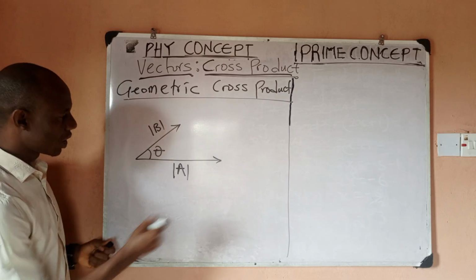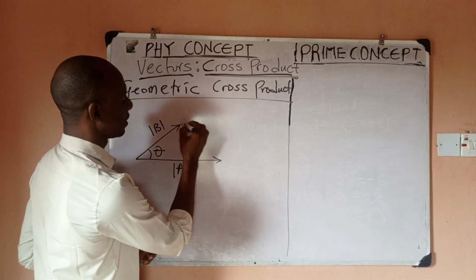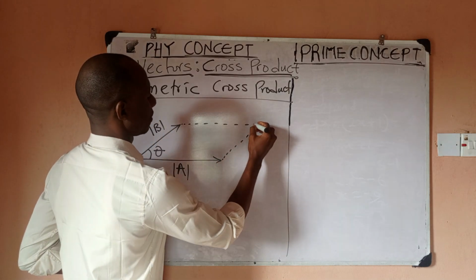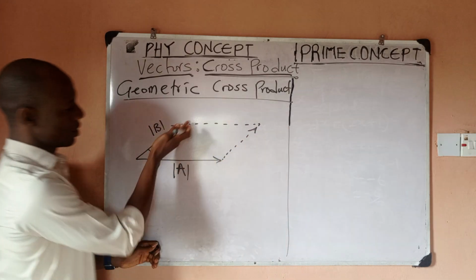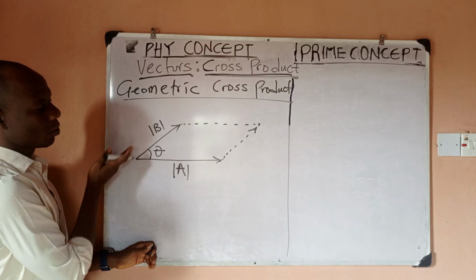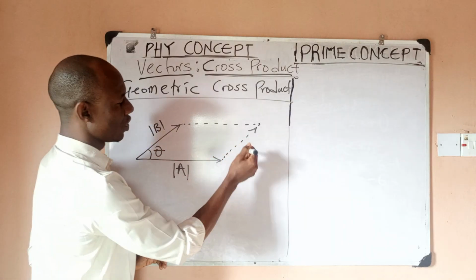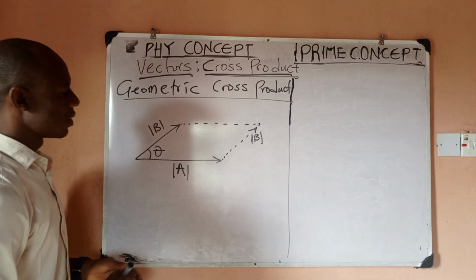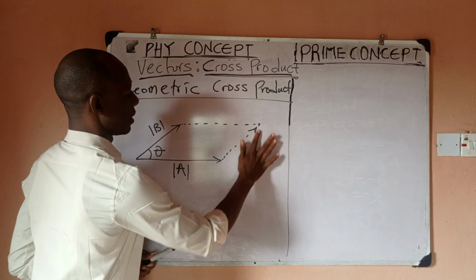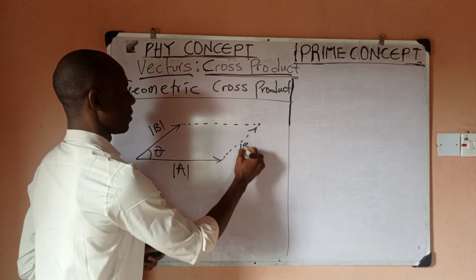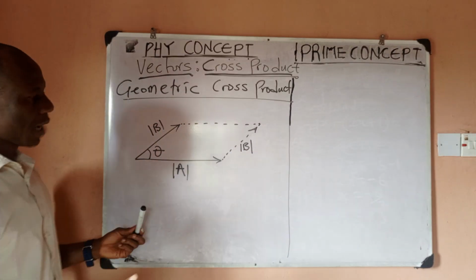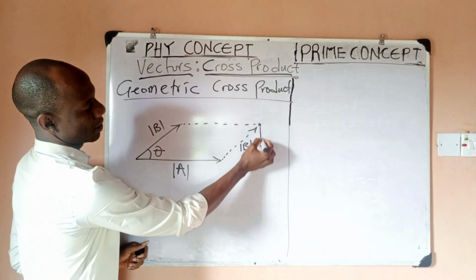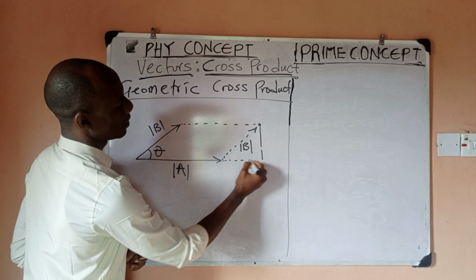Now, if I convert this, I'll have something like this, where for a parallelogram, the opposite sides are parallel and also equal. So this can still represent our B. Say I want to find the area of this parallelogram, I can construct the height like this and extend this.